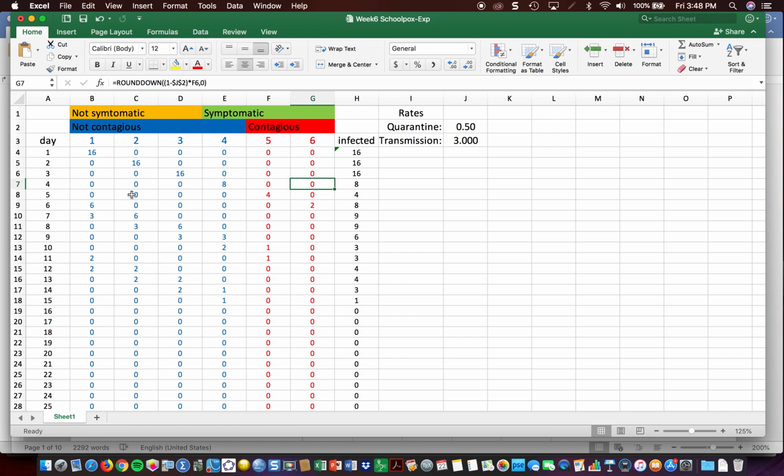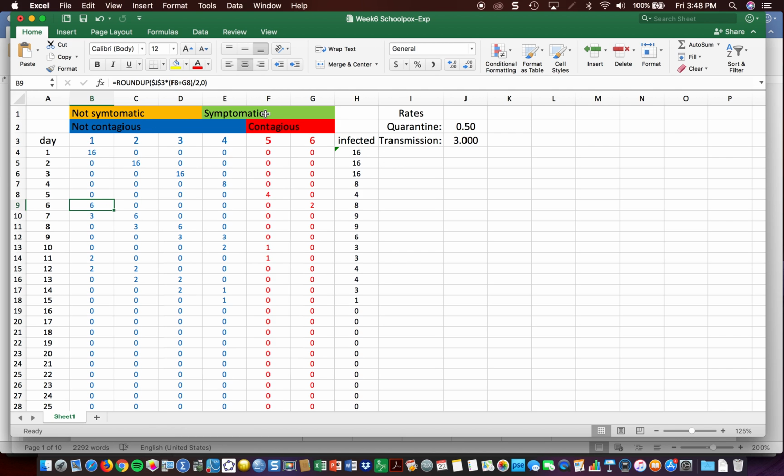All right, and then going back over here to the first column, what happens in the next 6 days is that the students that are here are possibly going to be first day infected. What happens is we take the number of students over here that were sick and contagious, add them together, and then multiply that by 1.5, because 1.5 was the expected number of people that they were going to pass the disease on to.